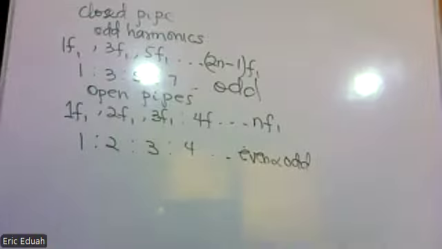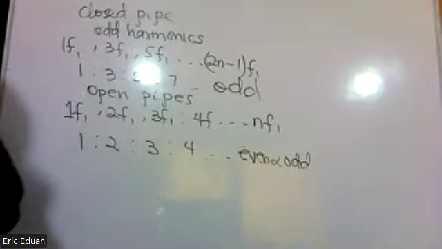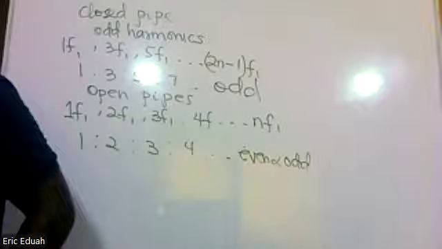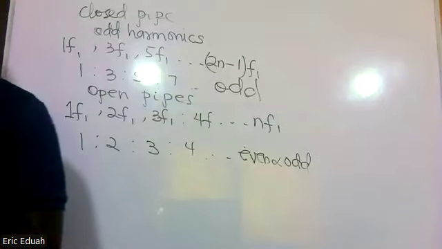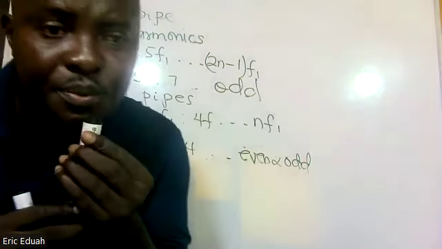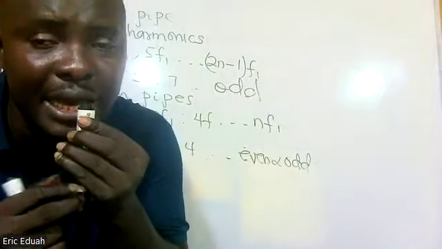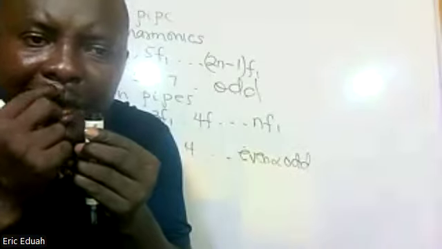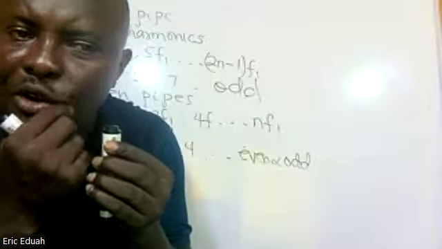Okay. Now, let's consider end correction, what we mean by end correction. You see, if you blow air into tubes, you realize that as you blow the air, you feel the air around your mouth as well.